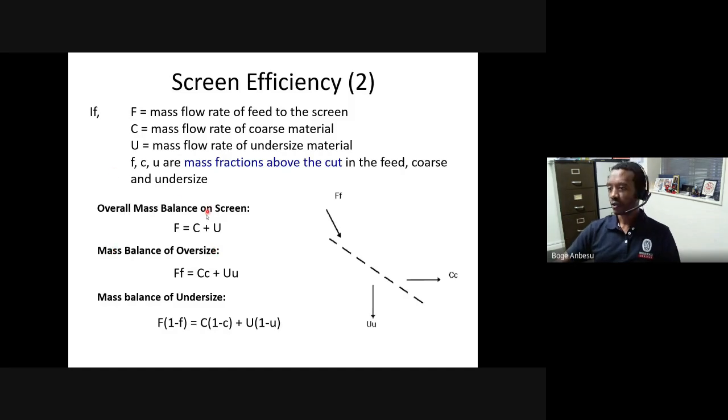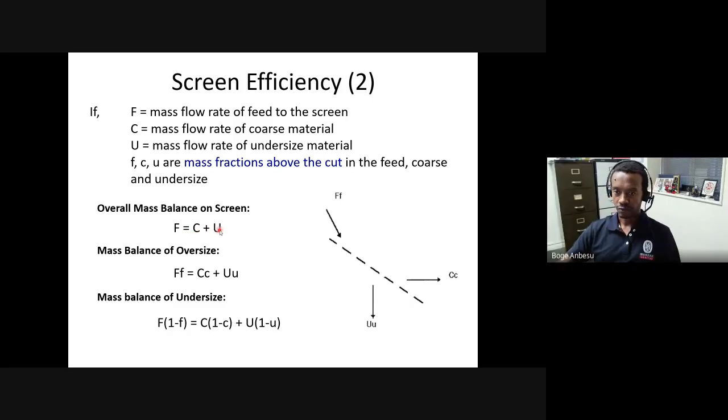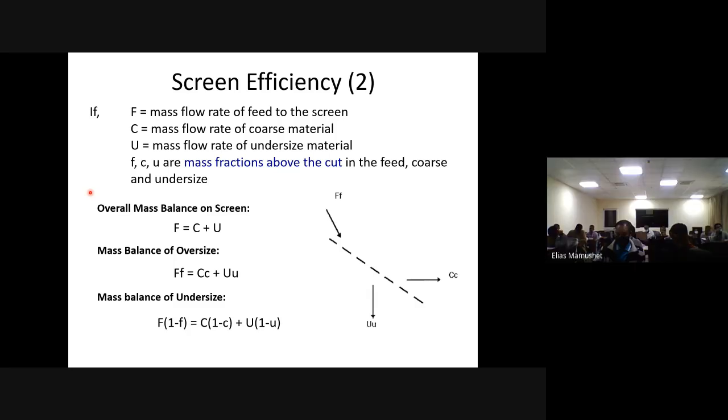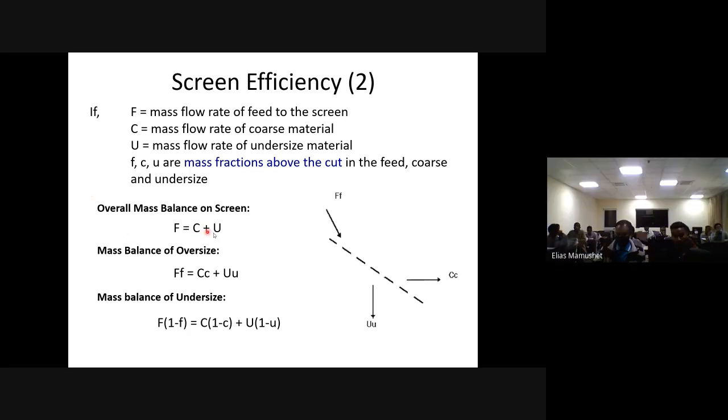If I did that, obviously for overall mass balance, the feed is split into coarse and fine. So in this case, nothing is actually accumulating in the screen. You shouldn't expect anything accumulating in the screen. So whatever you feed the screen either goes to the coarse or the fine. Okay, so that's what this one means.